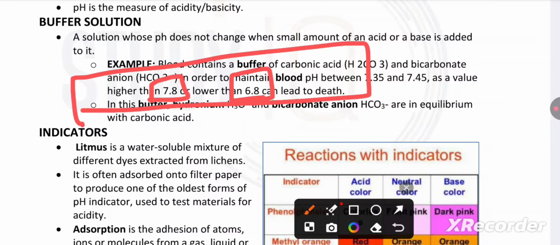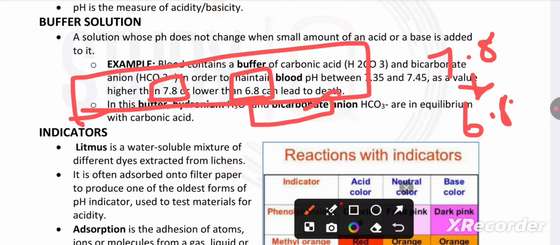We maintain this range of 7.8 to 6.8 in our blood. People whose blood falls to this level, 6.8, it leads to death.